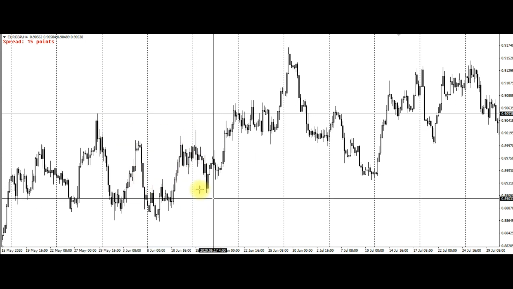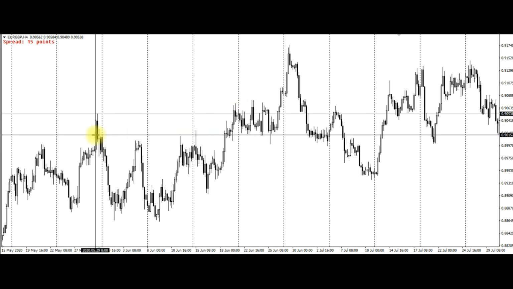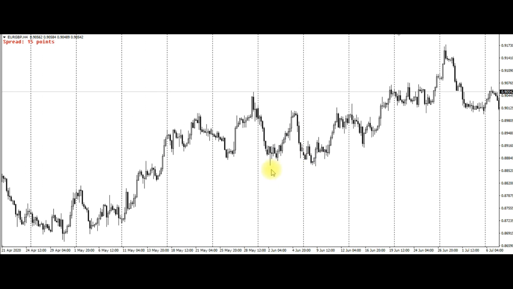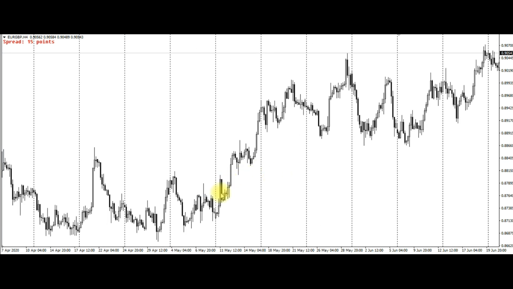Another one here, a sell before finally breaking it. Alright, so a bullish order block, you can go on and on and on with the order blocks.